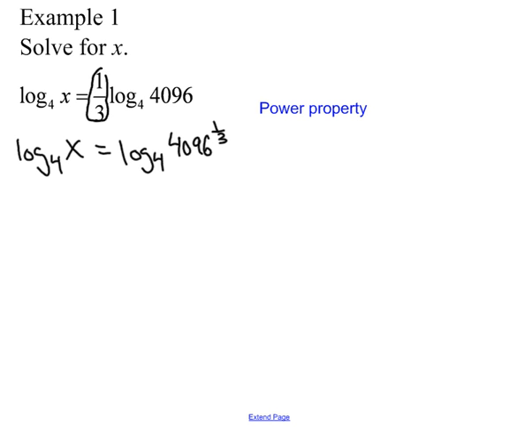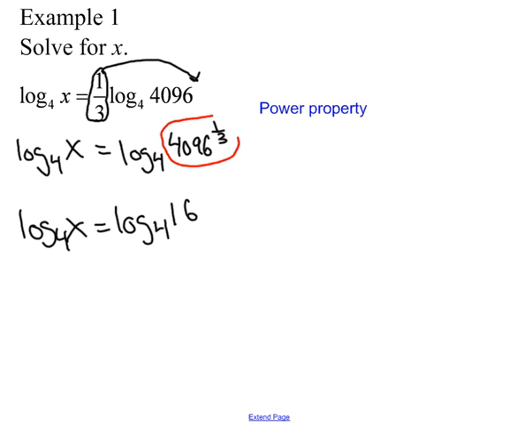So the power property allows me to take that coefficient and make it an exponent. So 4096 raised to the 1/3 is 16. So I get log base 4 x equals log base 4 16.